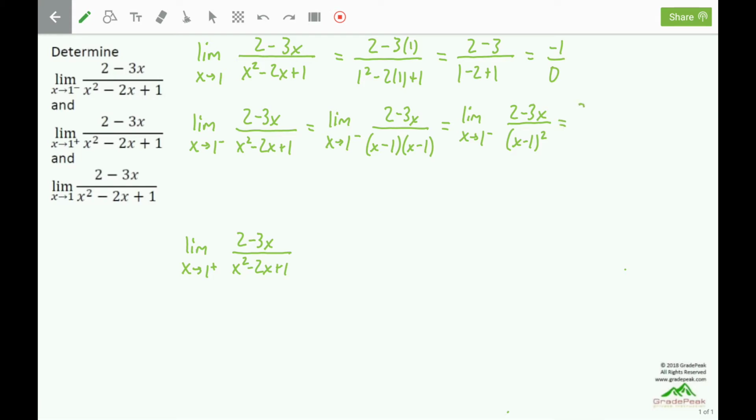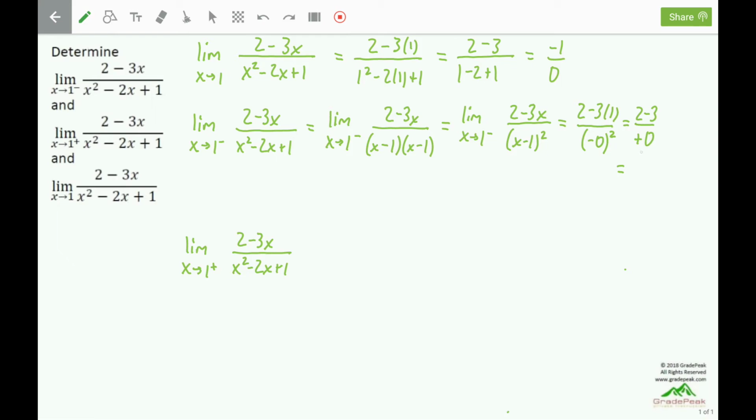The result will be 2 minus 3 times 1 divided by, and x minus 1 is going to be replaced with a negative number but approaching 0, so negative 0, and then squared. In the numerator, that will give 2 minus 3 over a negative 0 squared, which will be a positive due to the square, and then 0 squared is 0.